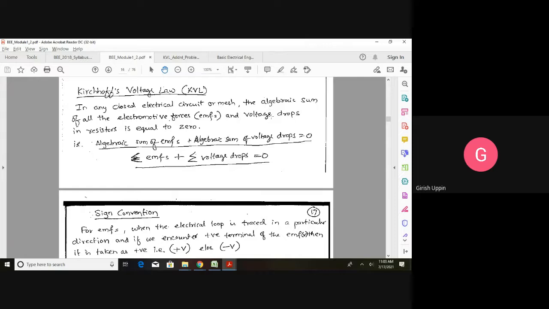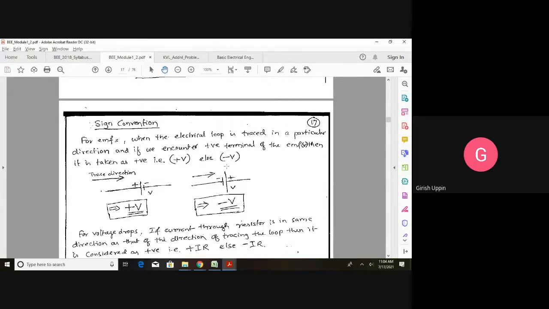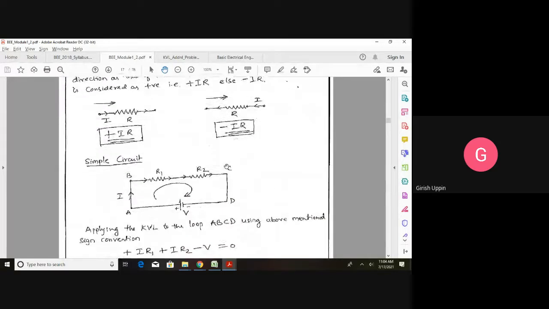The sum of all I into R plus the sum of all the EMF sources will be equal to 0. In the exam you have to write this statement, then write this equation, and also draw a circuit diagram, apply Ohm's law, and show what equation you get.